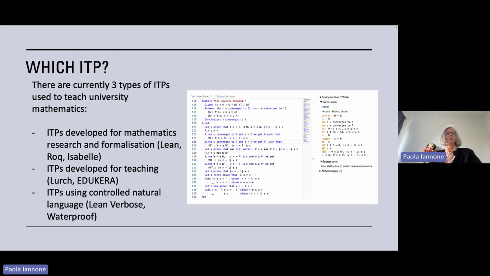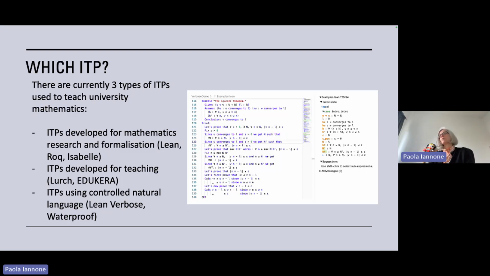So there are at least, as I said before, three different types of interactive theorem provers. There are systems that have been developed for mathematics research and formalization, and these are things like Lean, like Coq, like Isabelle. And these were developed first with the idea of formalization. Nobody was really thinking about teaching when these things were put together.